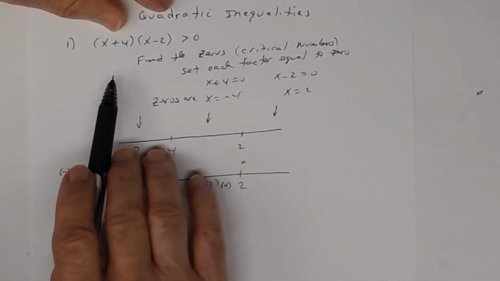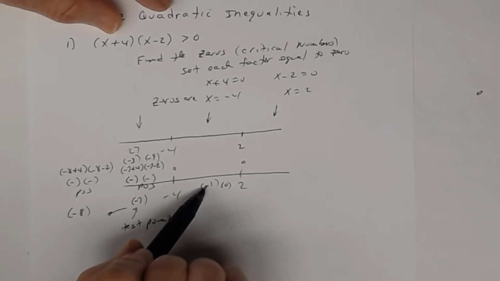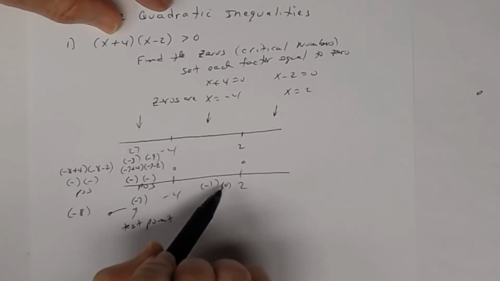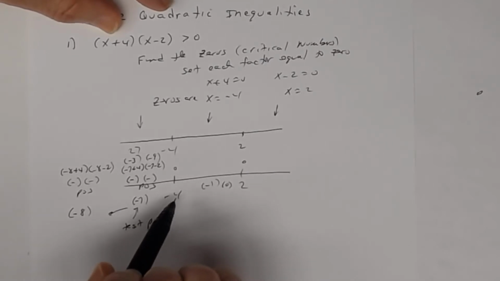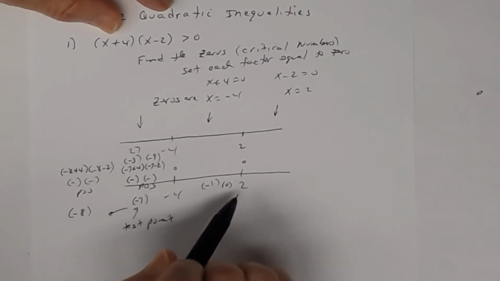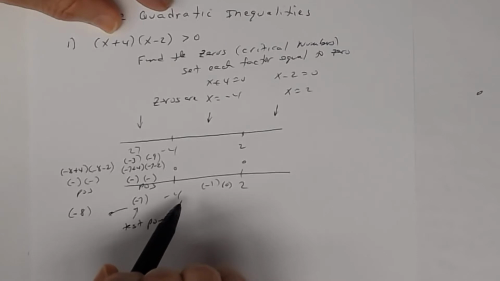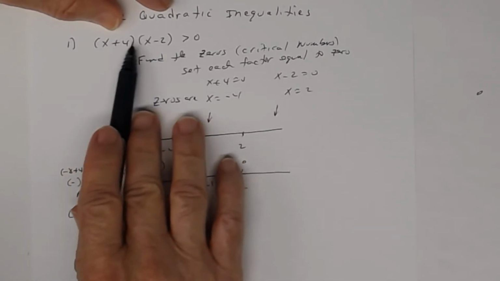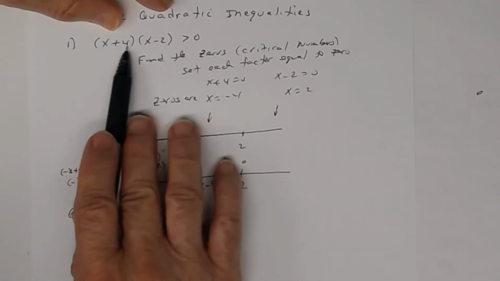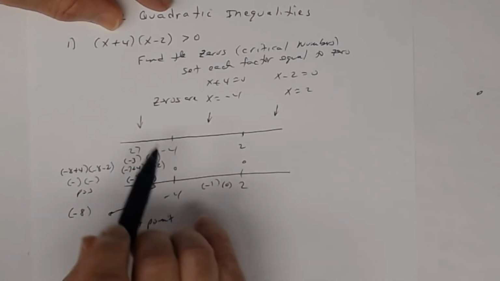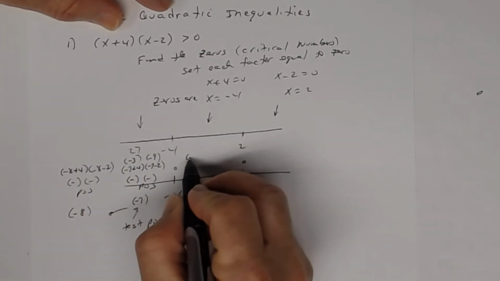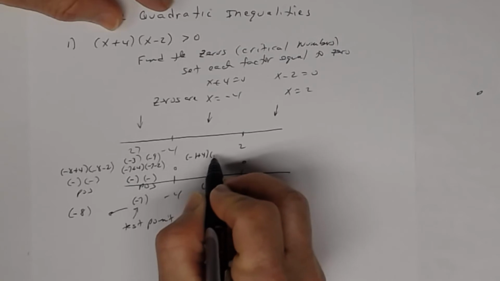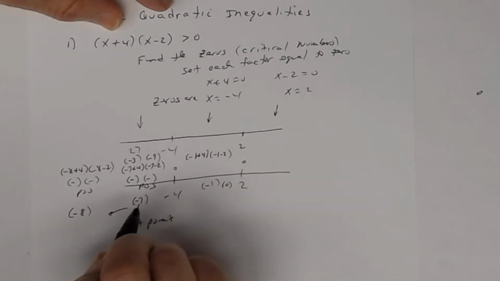Now listen carefully. If you use -1 as your test point, or any other integer in here, or decimal or fraction, it doesn't matter, as long as it's between -4 and 2, you're going to go back and substitute those numbers in here and see what kind of numbers these are. So if x is -1, I have -1 plus 4 times -1 minus 2, right?